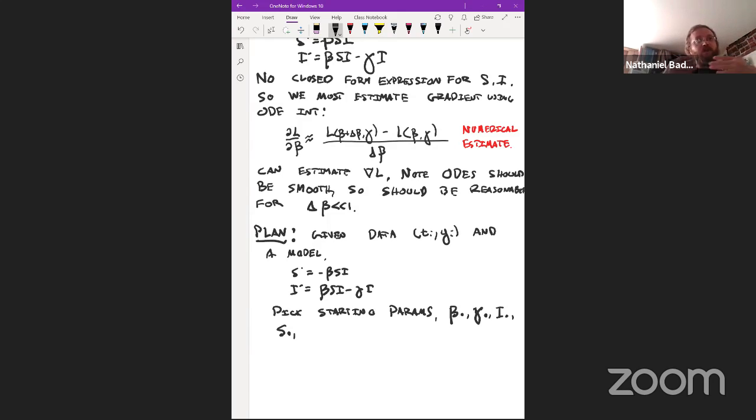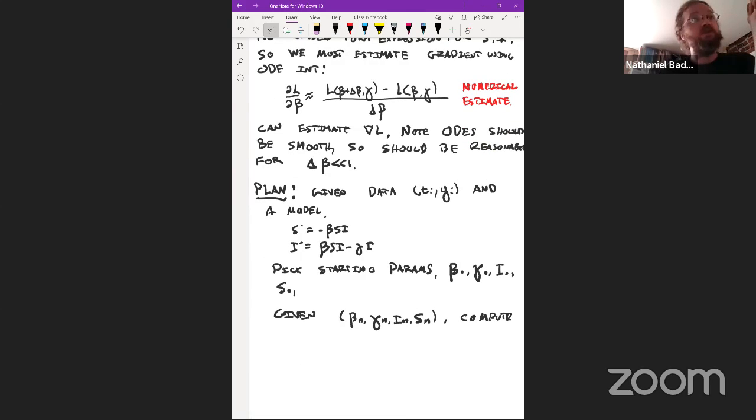And then, so what do we do? Given these parameters, given some vector beta n, gamma n, I n, S n, we compute the solution numerically using ODE-int or whatever other numerical solver you could possibly want.